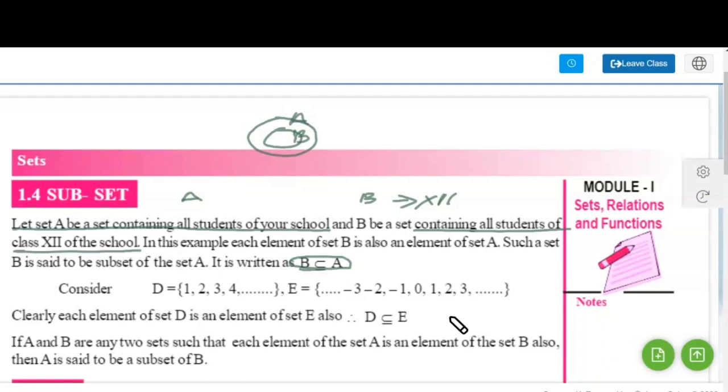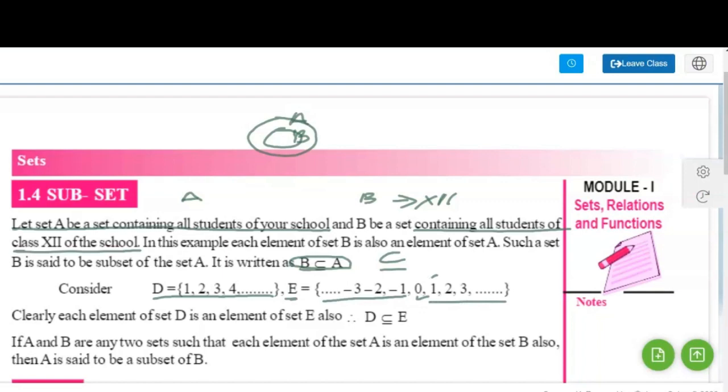Okay, so this symbol is used for showing subset. Next example, D consists of all the numbers starting with 1, then goes 2, 3, 4 and till infinity. And E is another set which consists of the negative numbers till infinity, and then it consists 0 and other numbers as well.